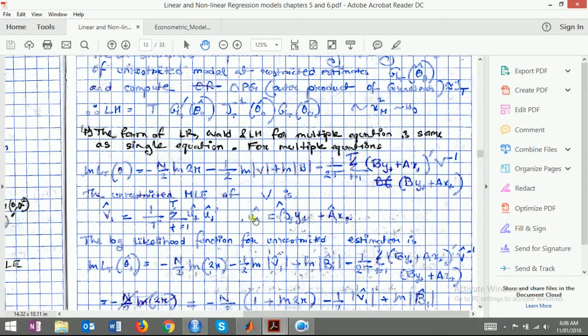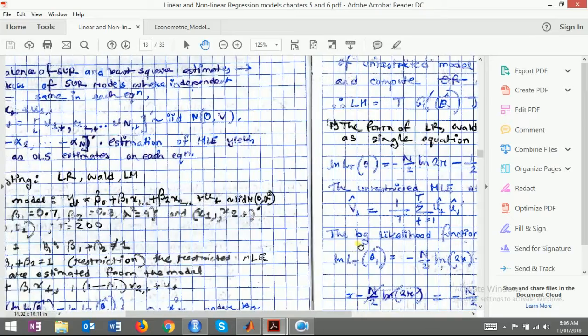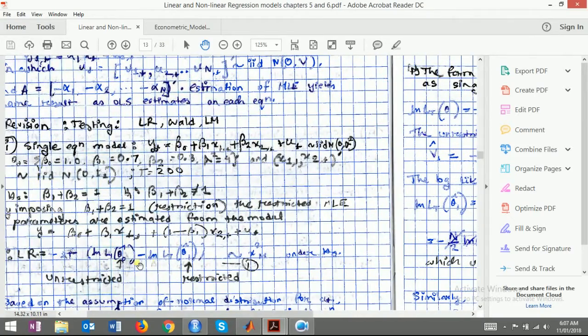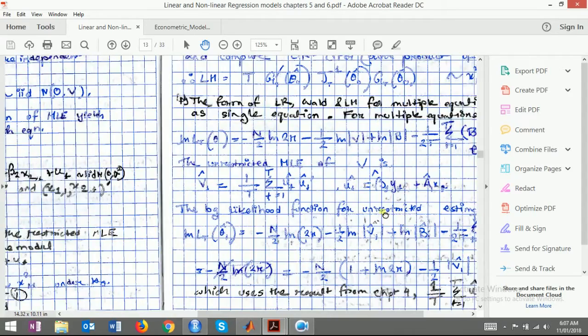The log likelihood function for the unrestricted estimator is the log likelihood of theta 1. Well, I think I made a bit of a mistake here. This is restricted theta naught, and theta 1 is unrestricted.